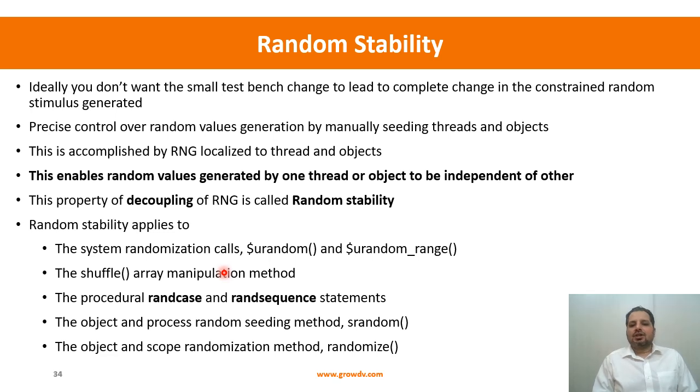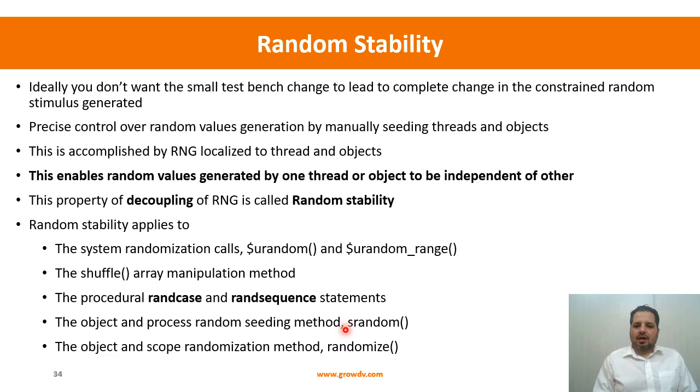Although the simulator takes care of it, if you want precise control over the random number generator state and want to seed it explicitly for everything, you can do that using srandom. In some very complex testbenches, where there is a high level of sensitivity with respect to each of the components, there are cases, not very frequent, rare cases, where testbench developers take full control of setting up the seed for the random number generators in every object and thread.